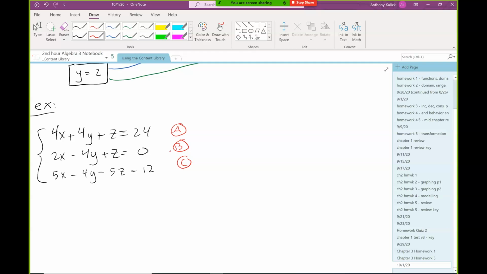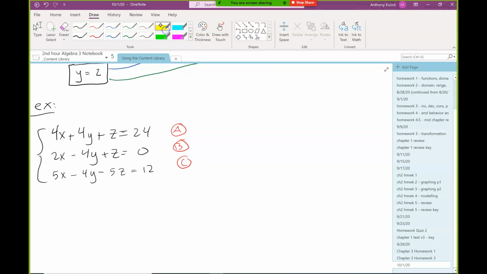I now have two variable equations that'll form my new system where I do another elimination, where I pick a variable that's remaining to eliminate, add the two equations together in such a way that that variable eliminates, leaving me with one variable equation that I can solve for directly. Okay?